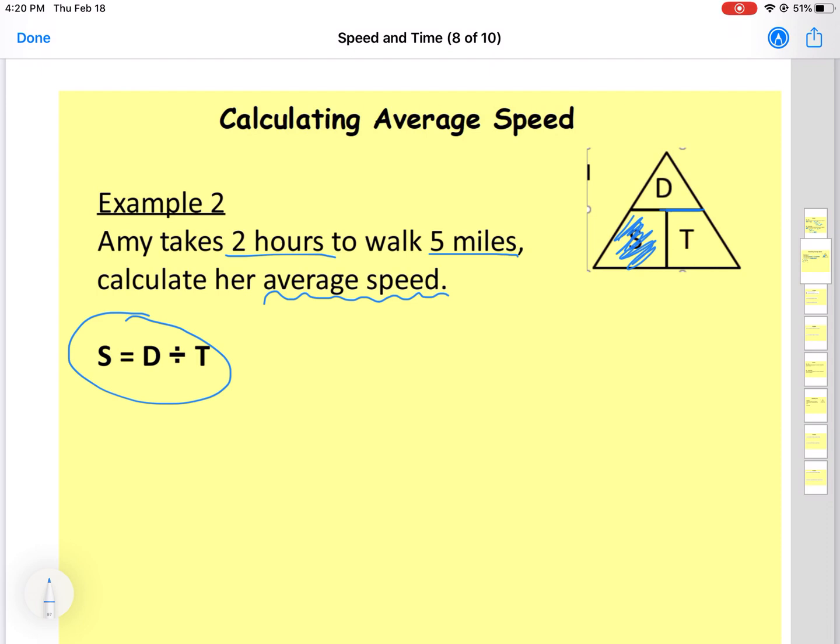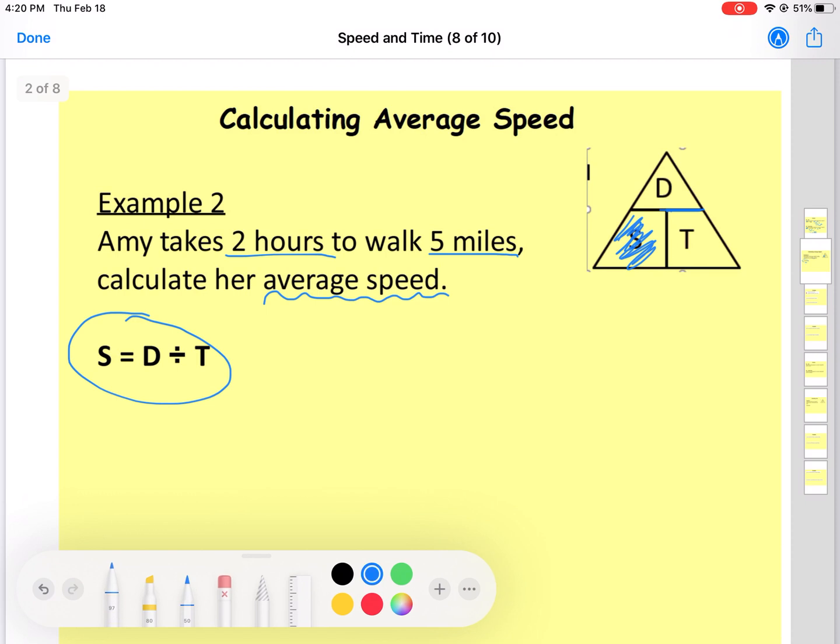So essentially what that is, d over t. Now we know that any fraction represents the top number divided by the bottom number. So d over t actually represents distance divided by time, which is in the formula over on the left hand side.